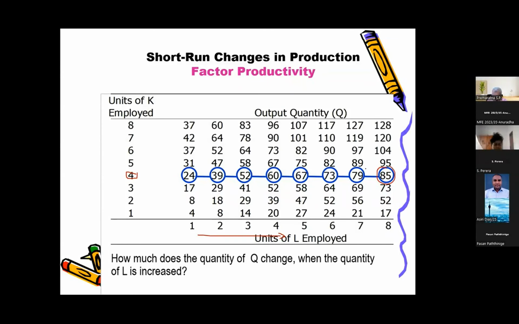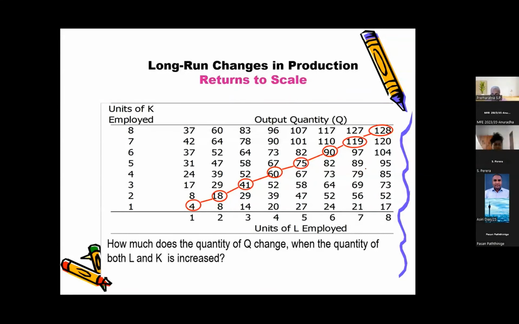Last time we discussed the three stages of the short run, and we can see here. And when you come to the long run, it's about the change in both inputs. So, for instance, the producers move in this direction: 18, 41, 60, 75, 90, 119, and 120. That's the same thing. In the long run, both inputs change, no fixed input.